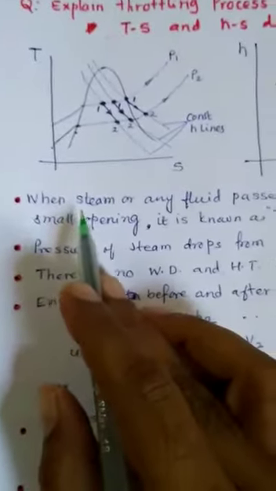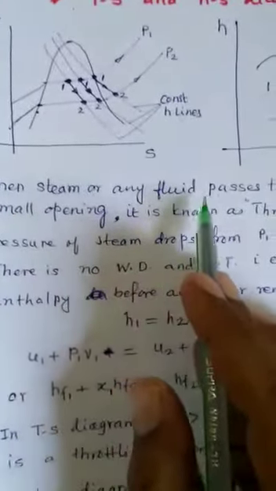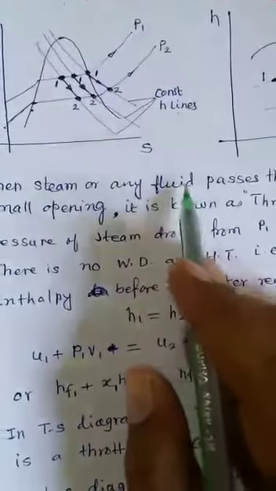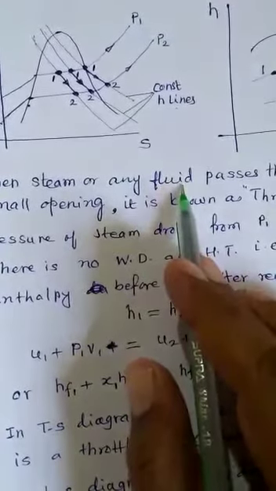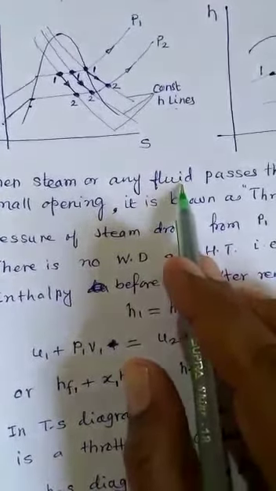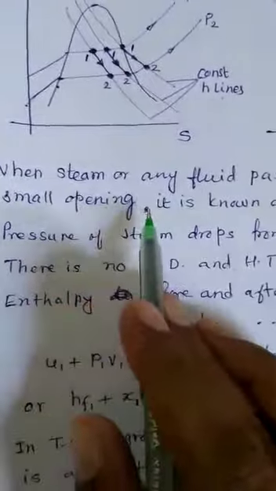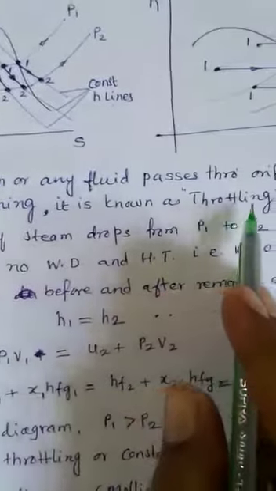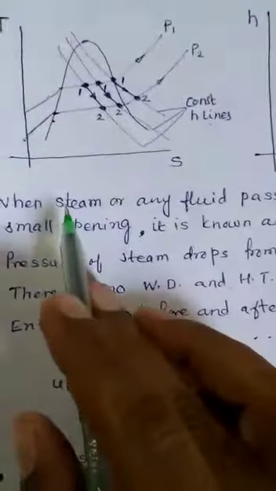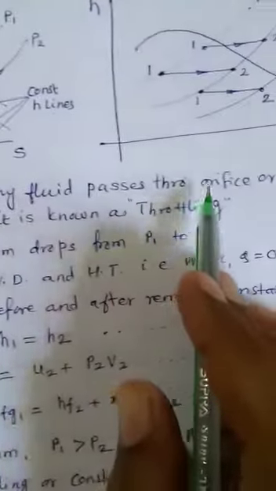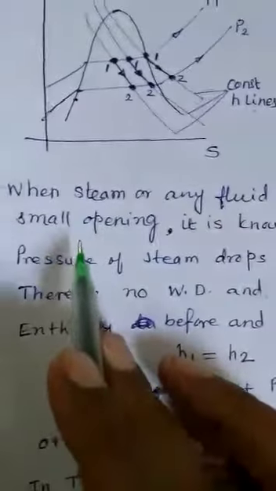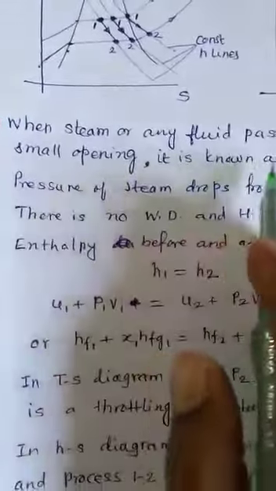See here, when the steam or any fluid, any gas, any vapor, any refrigerant gas is passing through an orifice or small opening, then the process is known as what? Throttling. The steam passing through small orifice or small opening is known as what? Throttling process.